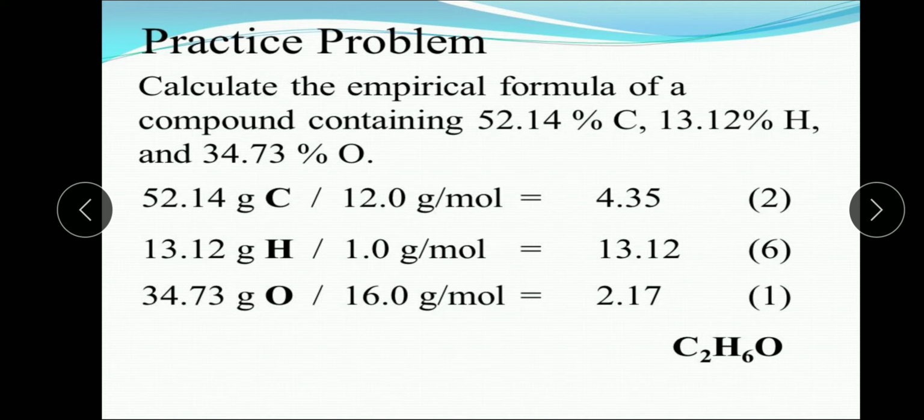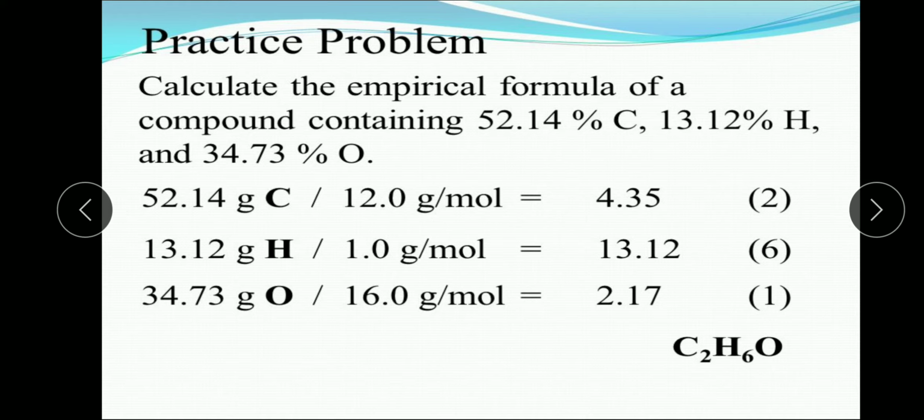Calculate the empirical formula of a compound containing 52.14% of carbon, 13.12% of hydrogen and 34.73% of oxygen. Let us calculate.